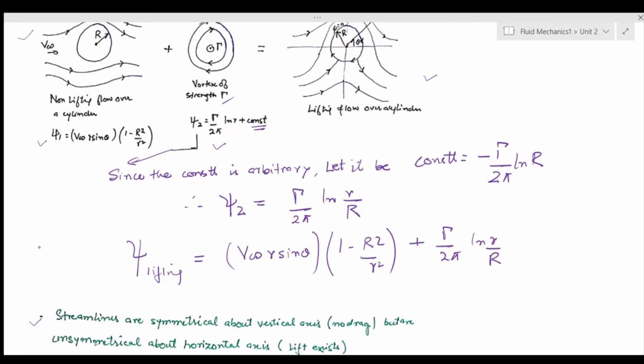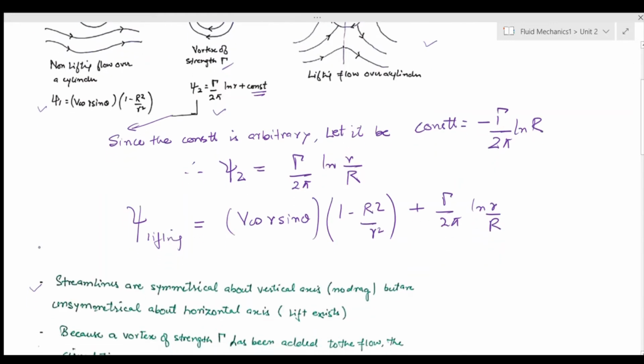So the pressure on top and bottom are not the same, and if that's the case, then there is some kind of vertical force acting, meaning that lift would exist.